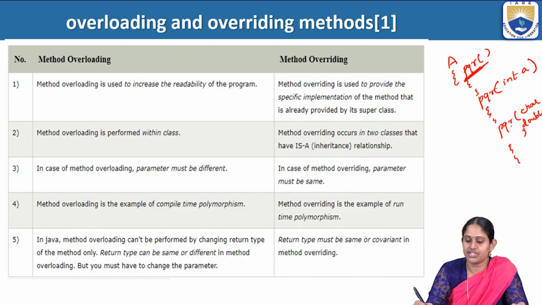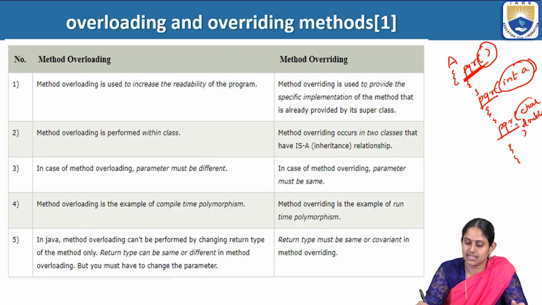So how will we differentiate among these three? In method overloading, the methods will have the same name, but the signature of the methods, that is the parameters passed to it, will be different. It may take no parameters, or one parameter, or two parameters, or any number of parameters of different types.